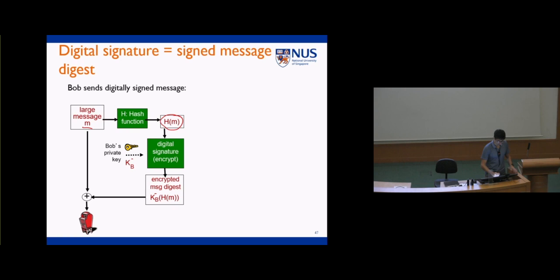And we encrypt that digest using our private key. So what we compute is KB minus of h of m. So we are not computing just KB minus of m. No. We compute KB minus of h of m.